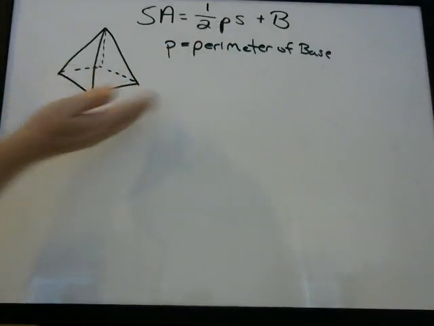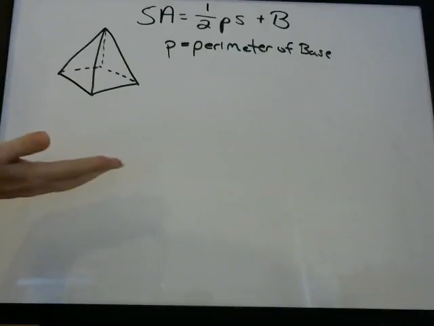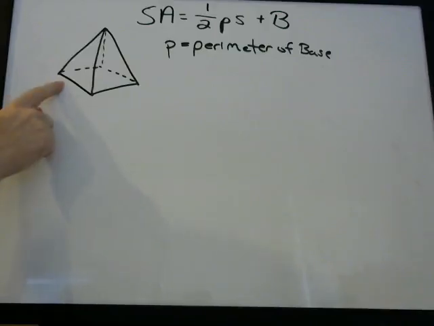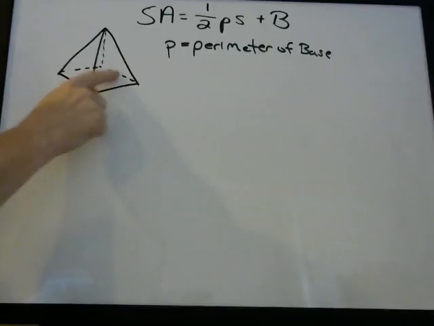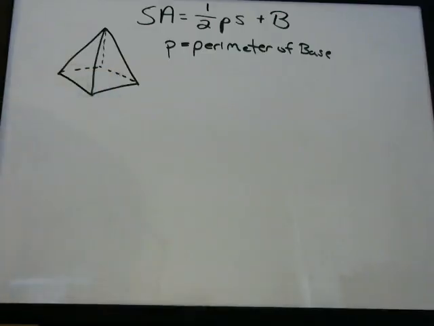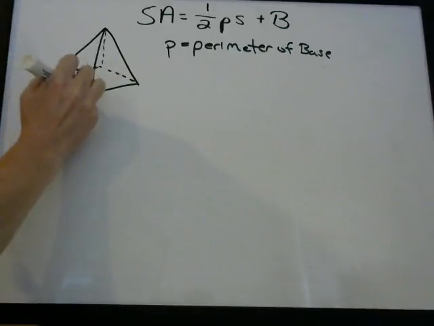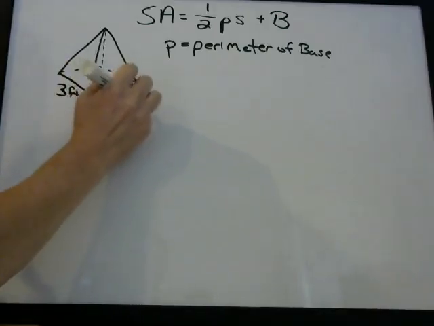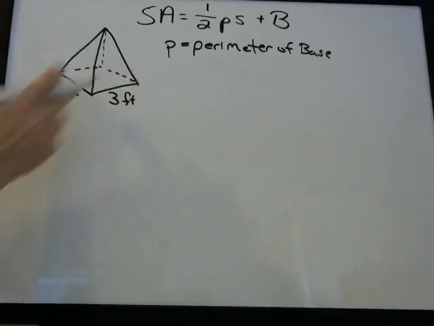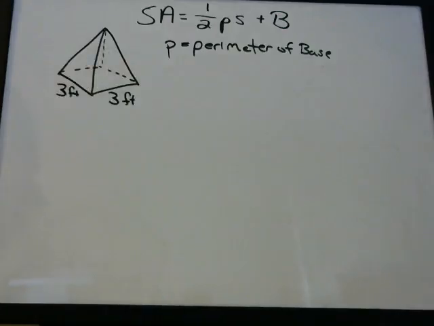So the base, remember, is the bottom thing that the pyramid's sitting on. How do you find the perimeter of that? All you do is add up the sides. Since each of the sides has equal length, you can take one side and multiply it by 4. Let's say each of the sides is 3 feet, so the back 2 sides are 3 feet as well.